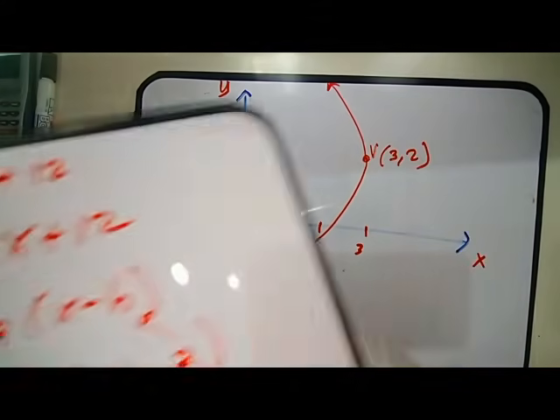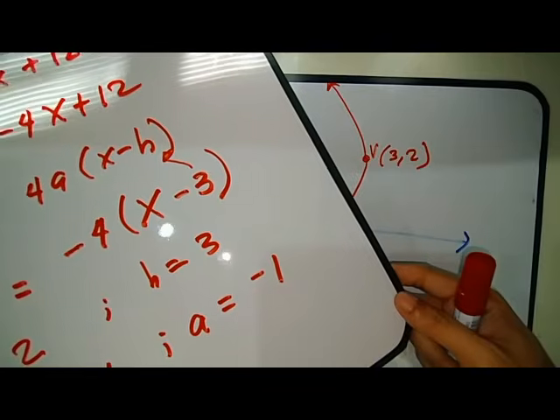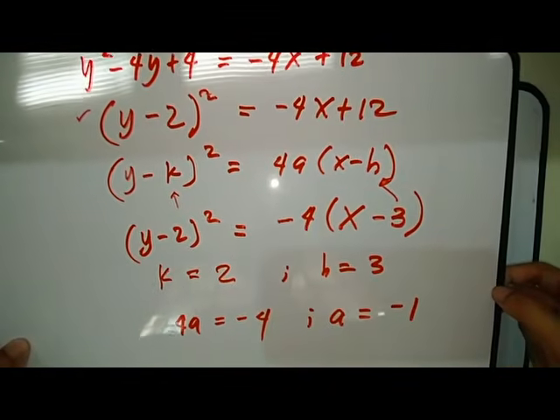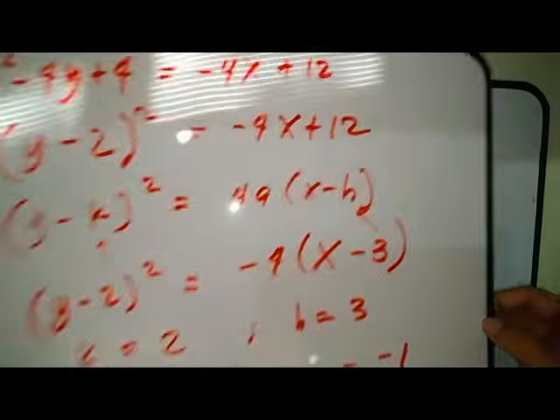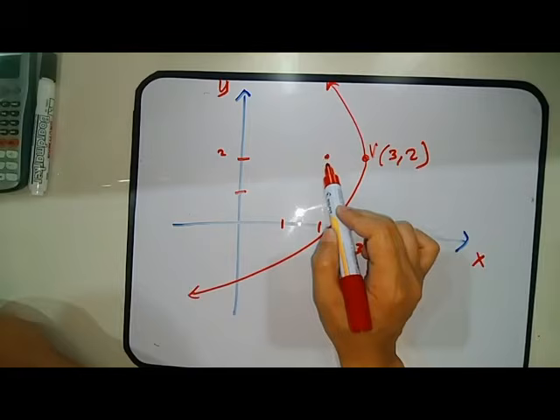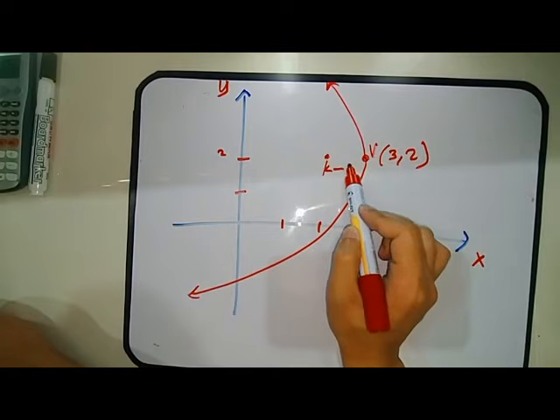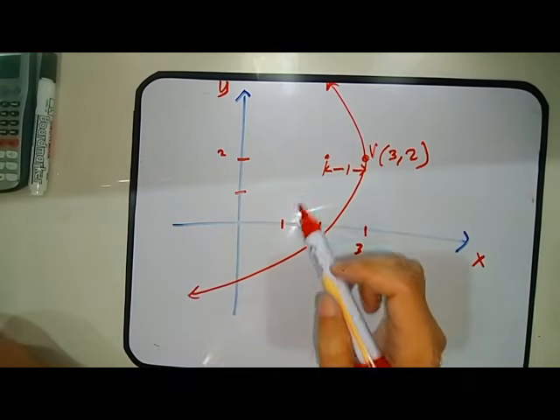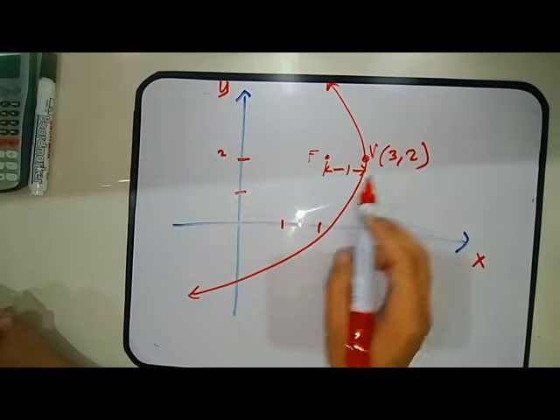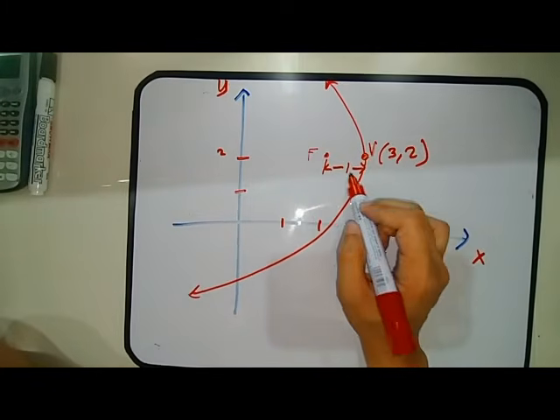So, ito guys, yung a natin here is negative 1. It means that siya lang naman yung distance. Pwede natin kunin yung absolute value, which is 1. Yung focus natin is located here, somewhere here. So, that is 1 unit. So, this is 1, since ang a natin here is 1. So, di ba ang distance natin from the focus to the vertex is 1.